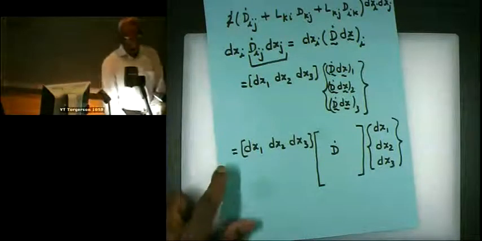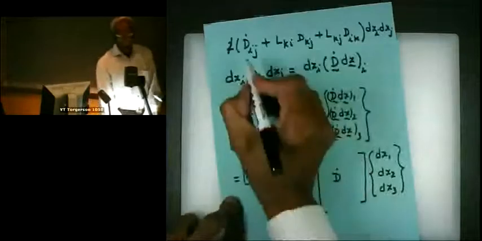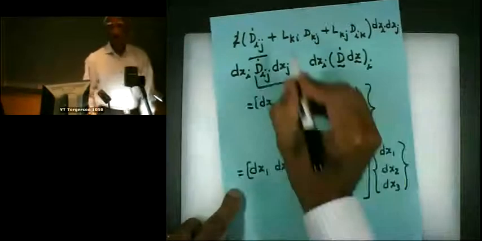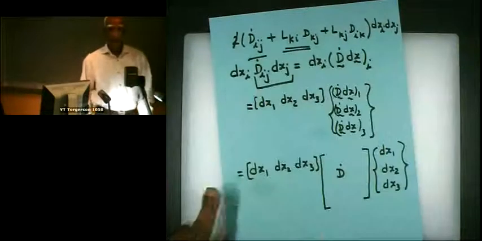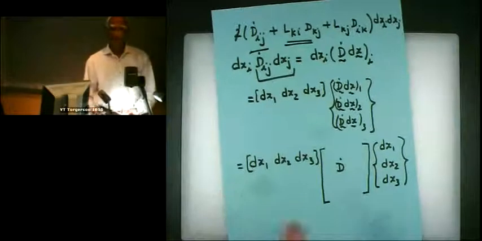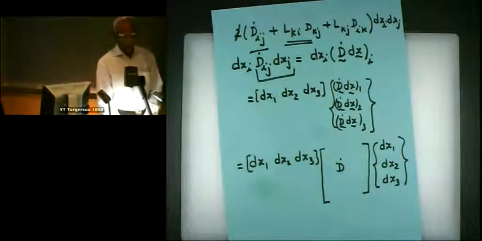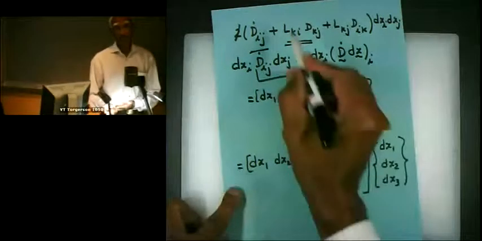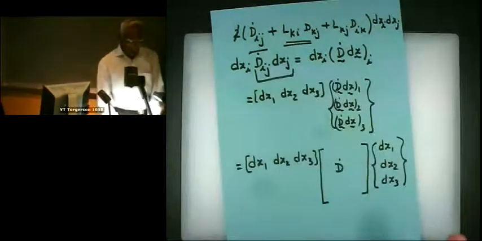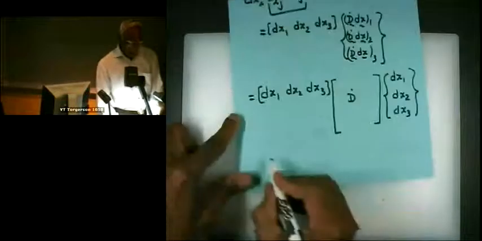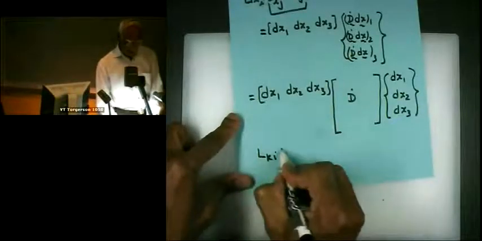So that takes care of the first term. Now if we look at this one, LKI, DKJ, so that's really to multiply them, K the repeated index has to be next to each other. So we can write LKI DKJ.